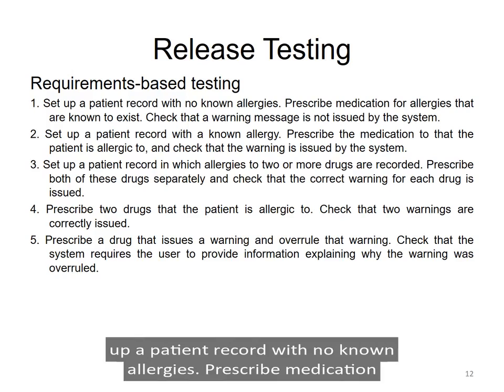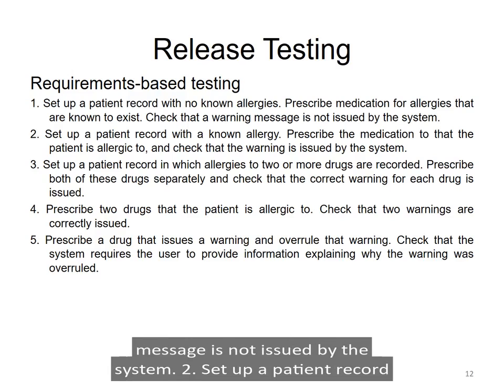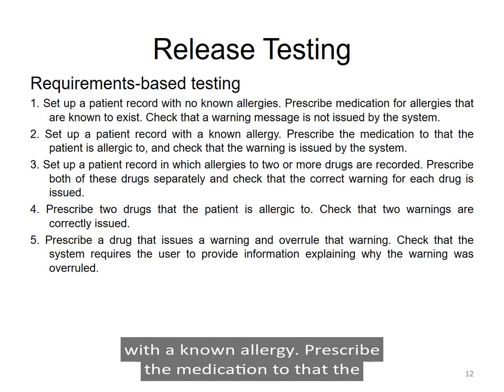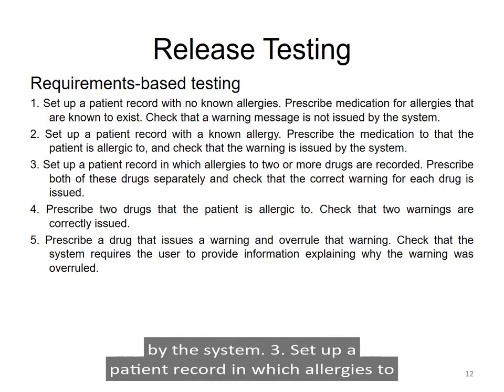Number 1. Set up a patient record with no known allergies. Prescribe medication for allergies that are known to exist. Check that a warning message is not issued by the system. Number 2. Set up a patient record with a known allergy. Prescribe the medication that the patient is allergic to and check that the warning is issued by the system.